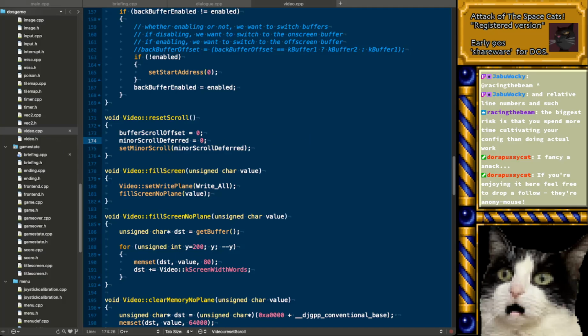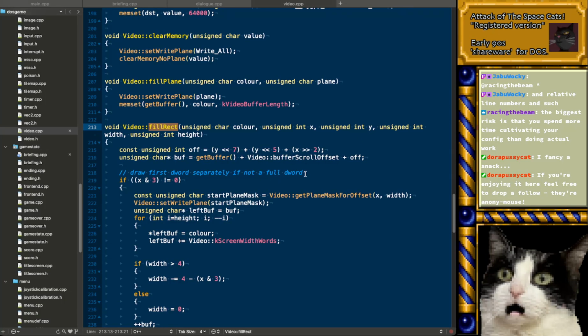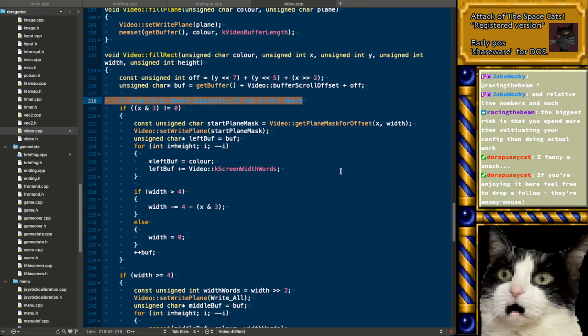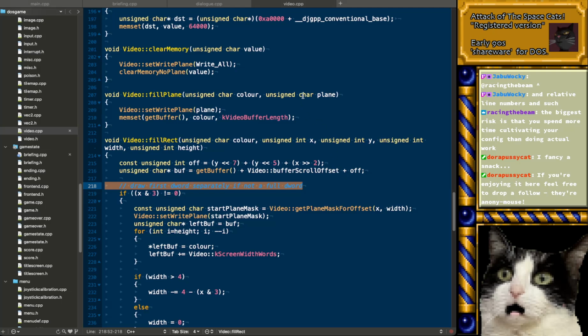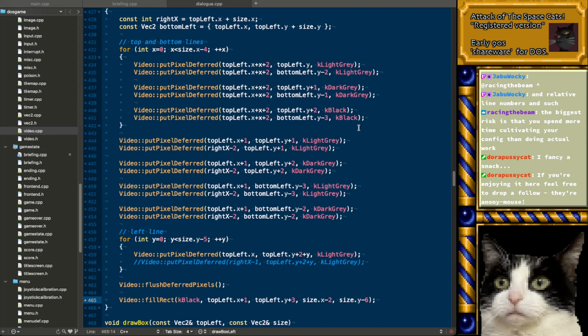Is it in here or in the header? It's here. Okay, we do seem to be accounting for things not being 4 pixel aligned. I thought we might not be. Okay, very good. Got my windows confused again.